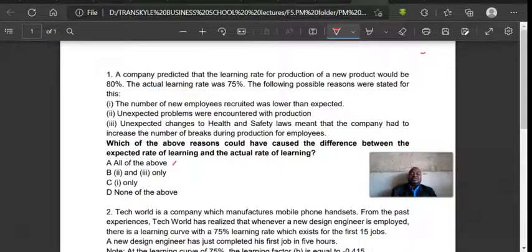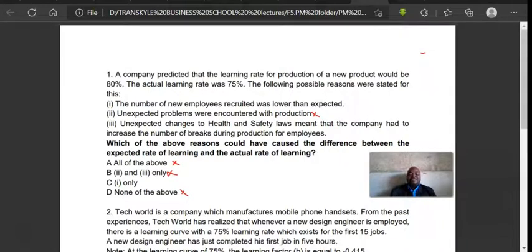So A is out because it includes number 2, which we said is wrong. And D is wrong because we said number 1 is right. By using the principles of elimination, you can easily answer these questions. So we are left with C, which is 1 only.